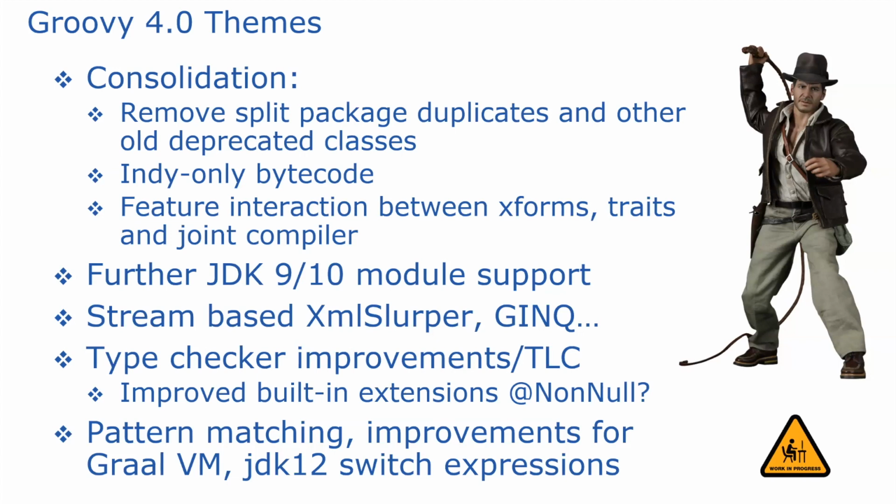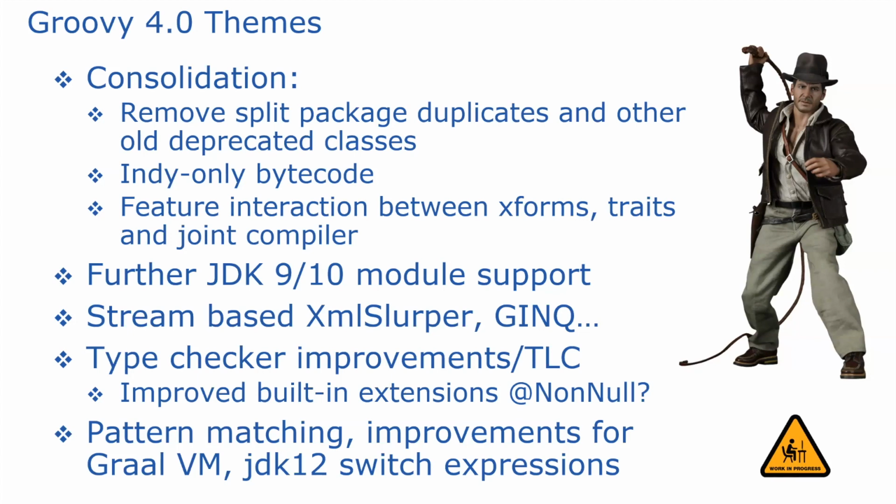We'll be looking at that, as well as potentially some improved built-in type checker extensions, things like non-null and so on. We've got some ideas there that we're progressing, so we'll see how that works. Some pattern matching, potentially improvements to make things compatible with the GraalVM, JDK 12 switches, for instance. The new string format might be another thing on the cards. So there's quite a few things that we'll look at.